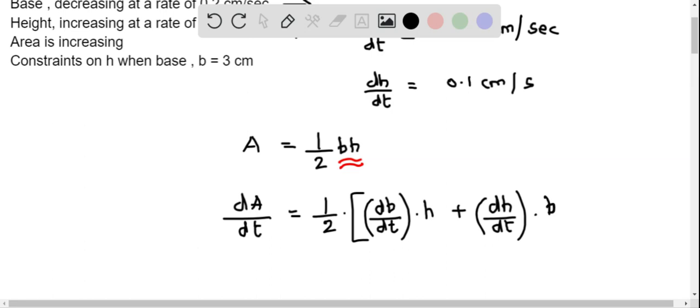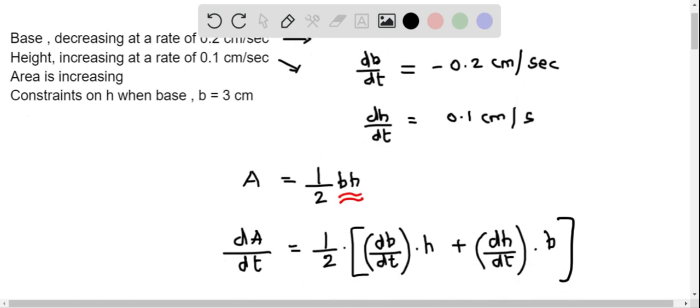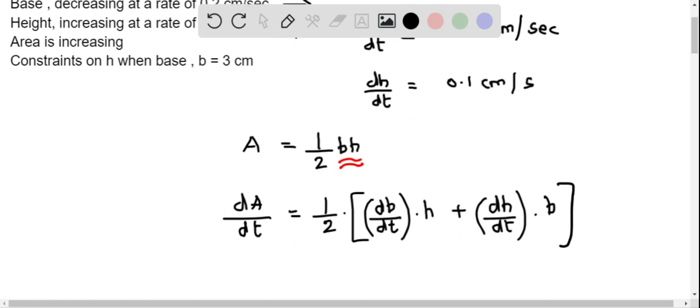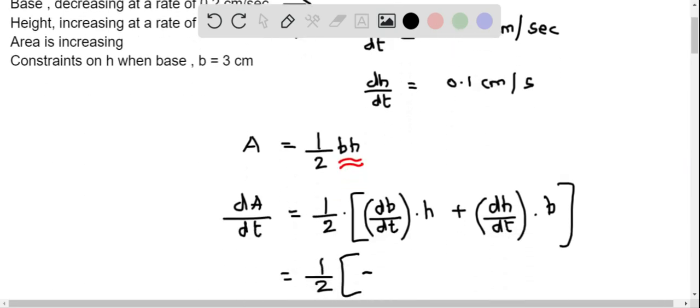So therefore it is B. Now we can substitute the values which are given. I'm going to substitute dB over dt as negative 0.2. So this equals half of negative 0.2 times H plus dH over dt, which is 0.1, times B. So this is the equation that we have.